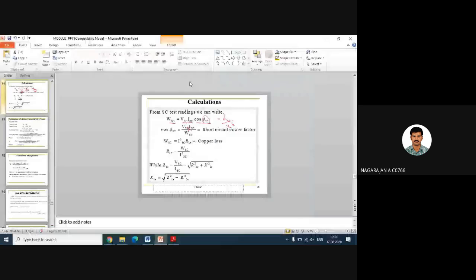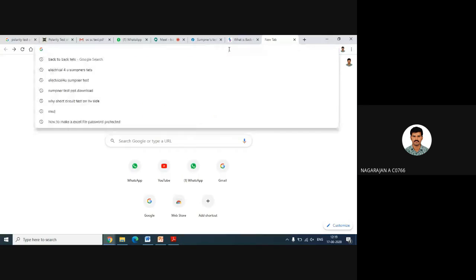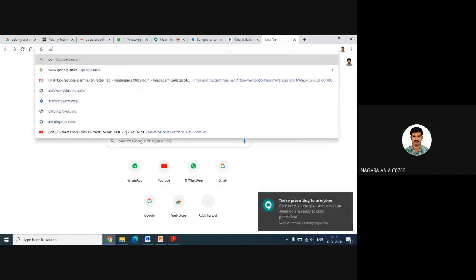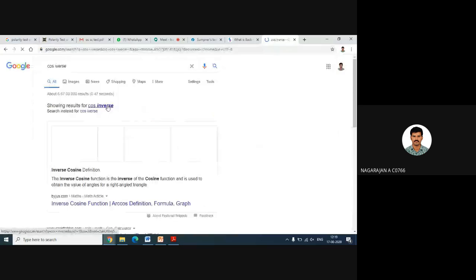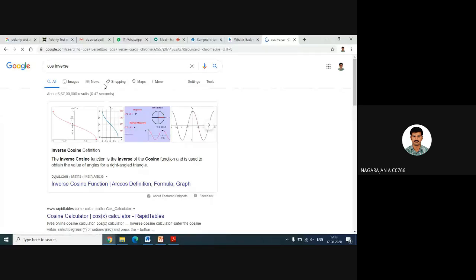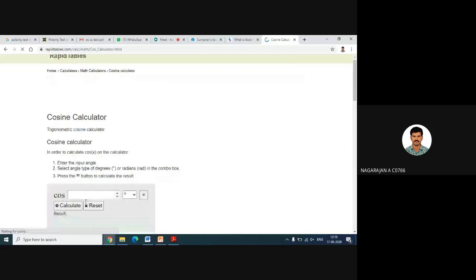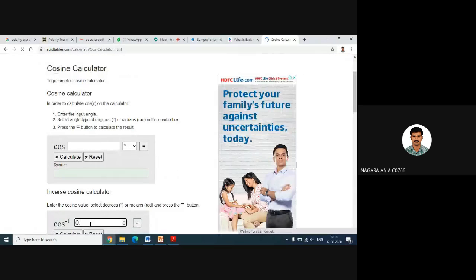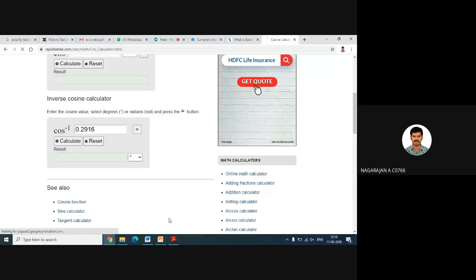We will ask Google for this since I don't have a calculator with me. That's cos inverse of 0.2916, which is 73.04.